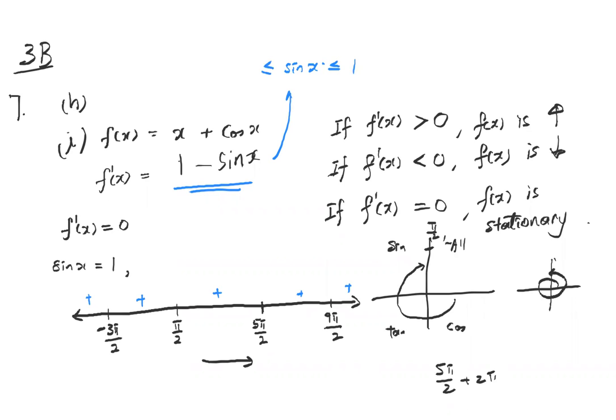Minimum is -1. Correct? Now here there is a negative sign, so I will say negative sin x, I change the sign.